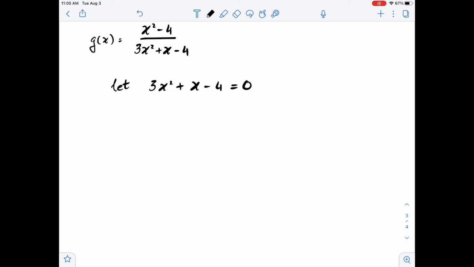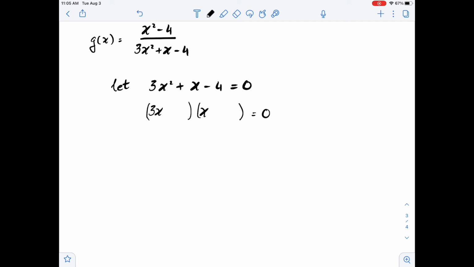So let's try and factorize it first. It's typically the easier option, and so I like to start there if I can.